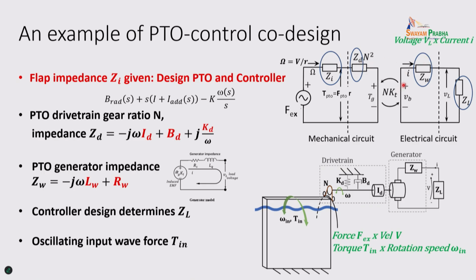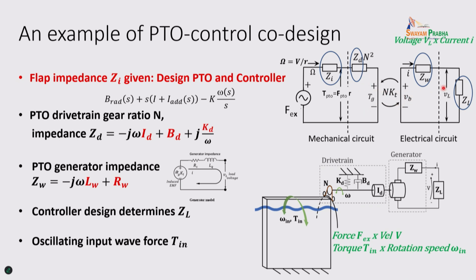You need to consider the generator's internal resistance and inductance, right? You need to consider the generator's coefficients, torque constant and voltage constant. Torque constant: you give current, you generate torque. Voltage constant: that means you have rotation speed, you generate voltage.